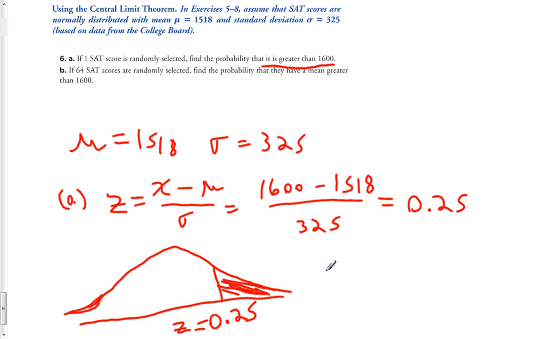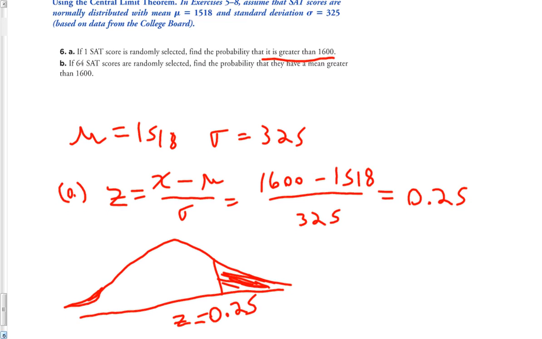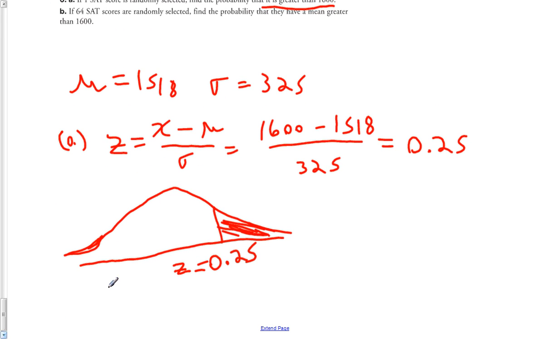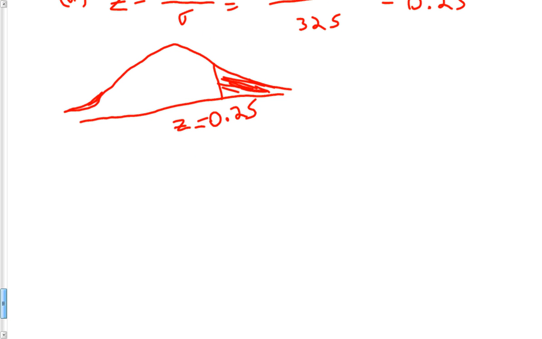So we're going to use, like we did before, normal CDF, and we're going to put in as our left z negative 0.